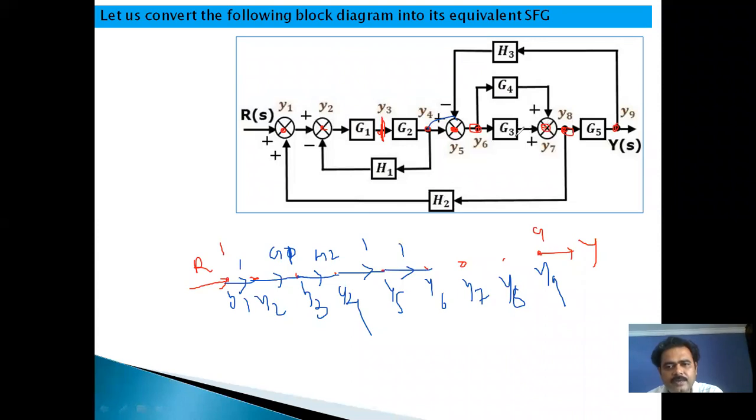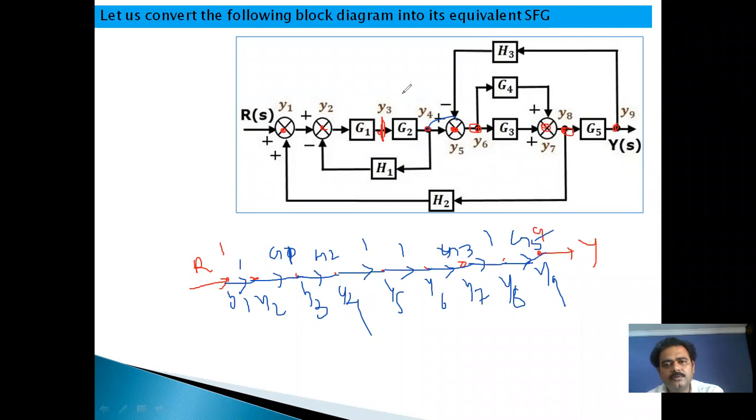Y6 to Y7, G3. Y7 to Y8, again unit value. Y8 to Y9, with a G5. Output Y. That shows the forward path direction.